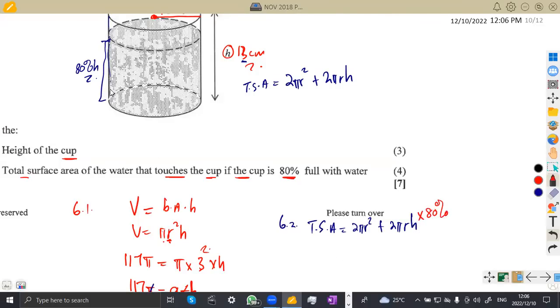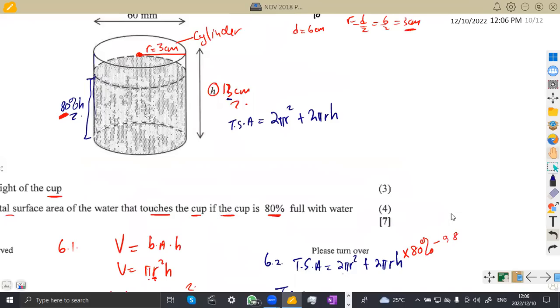Take note, the height is now 80% full. So you multiply by 80%, of which 80% is 80 over 100, which is 0.8. So it's simply multiplying by 0.8. All right, so that will be the total surface area, which is 2 pi times r squared.